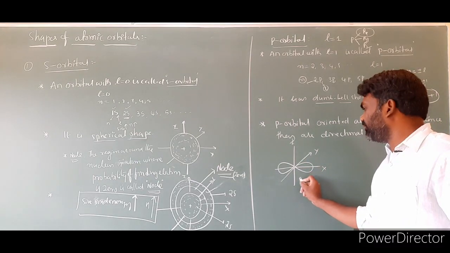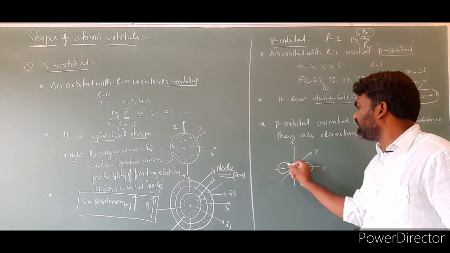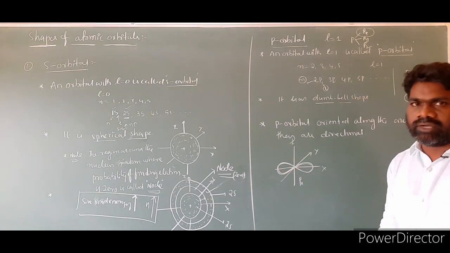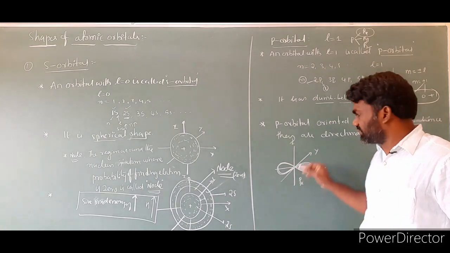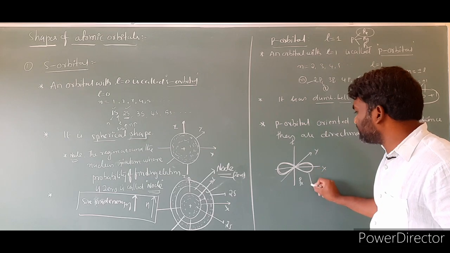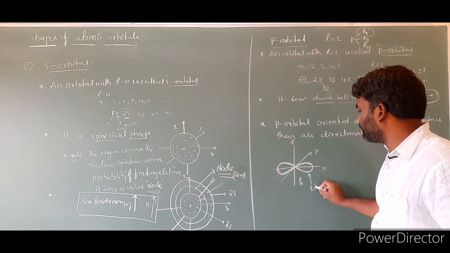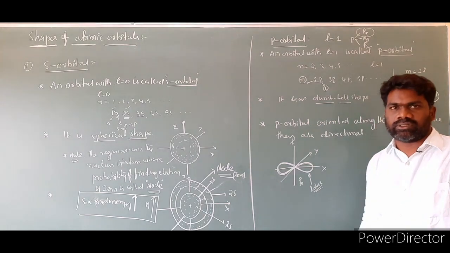One more important point is that each p orbital has 2 sections, and these sections are called lobes.